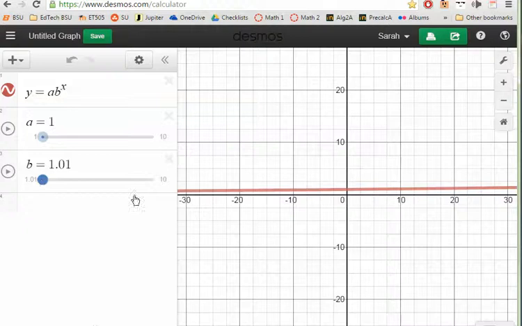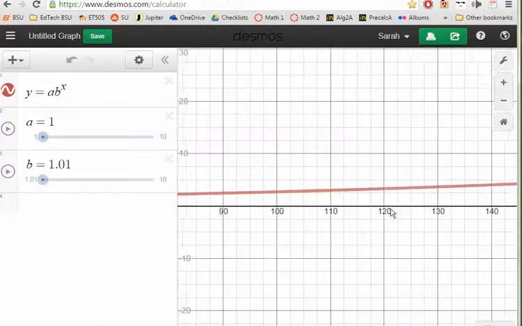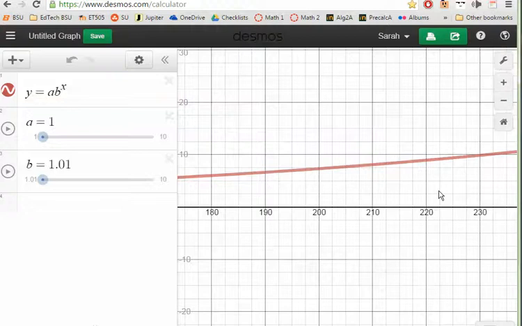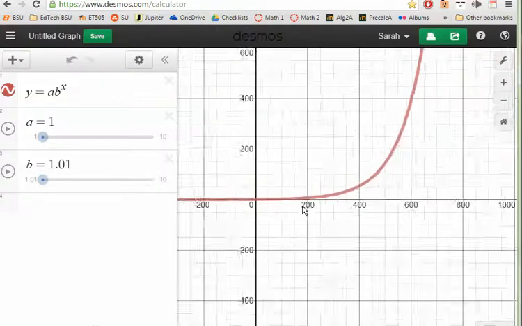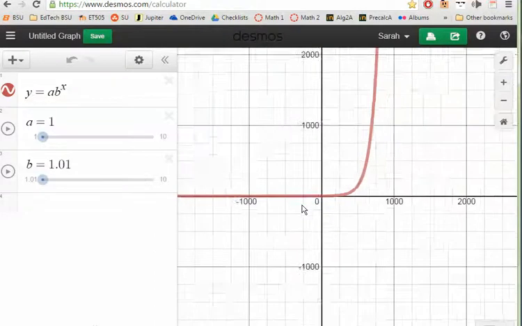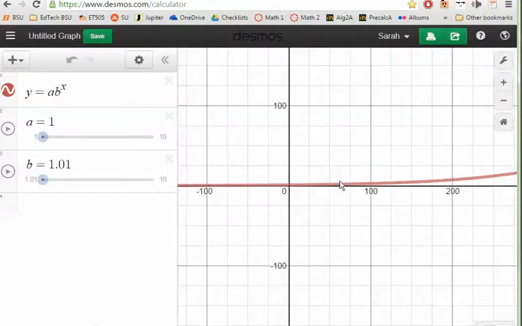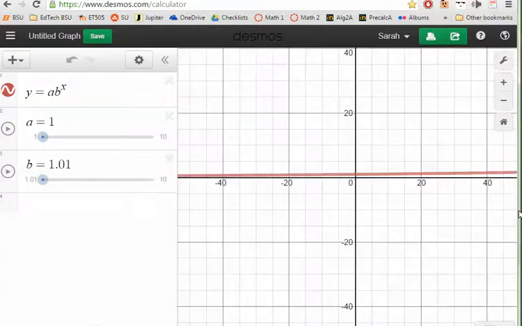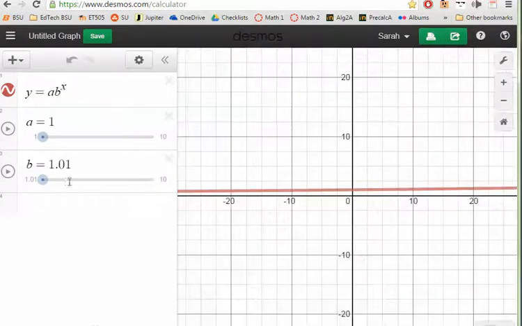If it's 1.01, it's barely distinguishable from a line, although if you keep looking at it as we pull it, you can see it's not a line. It is increasing, it is growing. And if I zoom out, you can see it definitely does look like the other ones eventually. Maybe not when we're zoomed in at this level. It doesn't look like a growth function.